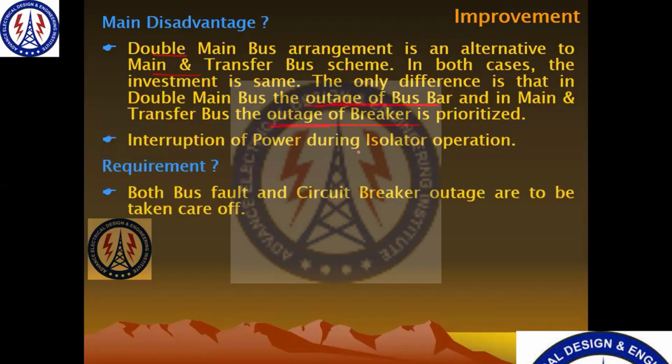Another thing that can happen is mechanical interruption or power interruption of your isolator. Both bus fault and circuit breaker outage are to be taken care of.